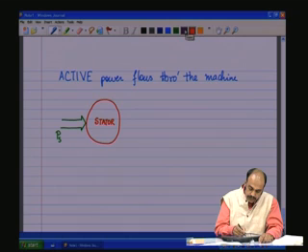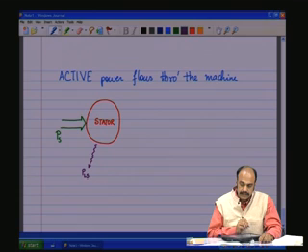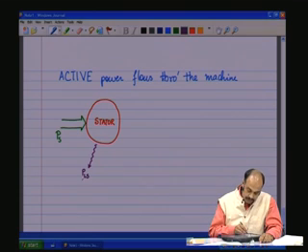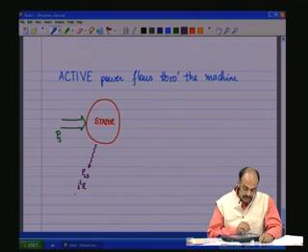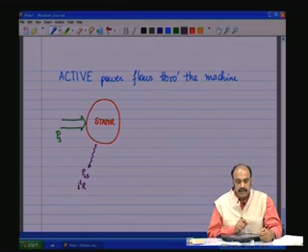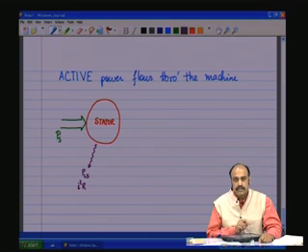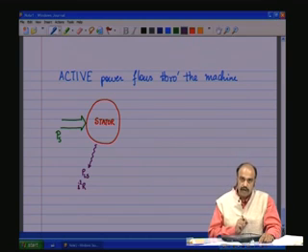We could have some loss in the stator, P loss, which is due to I square R. That is, the stator coil is made of copper and has a finite resistance, so current flowing through it causes I square R loss.